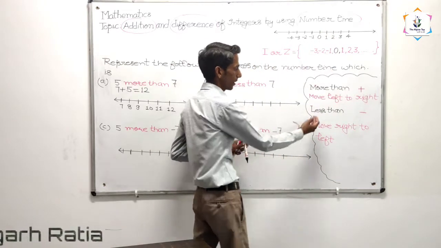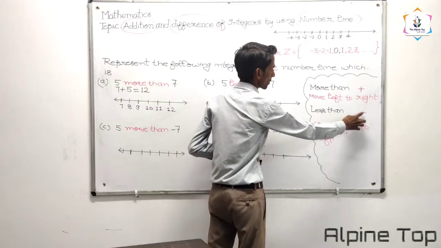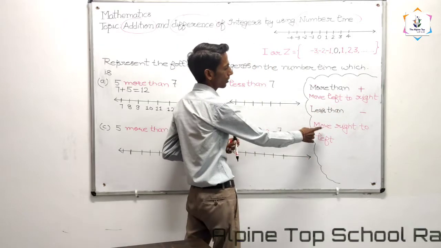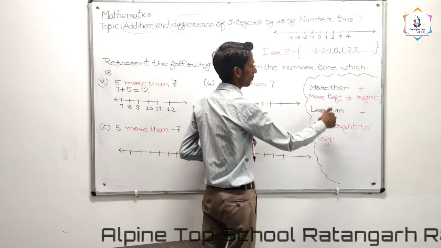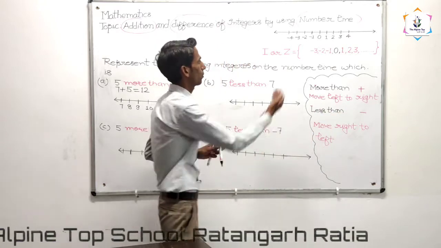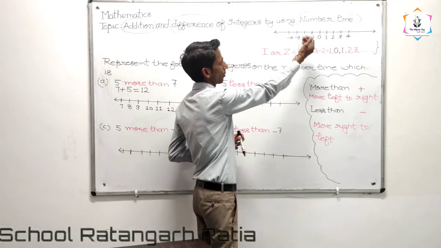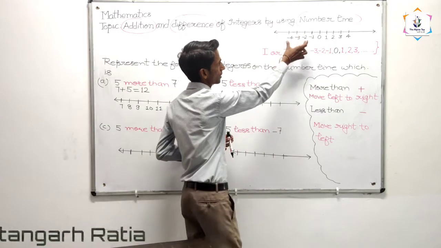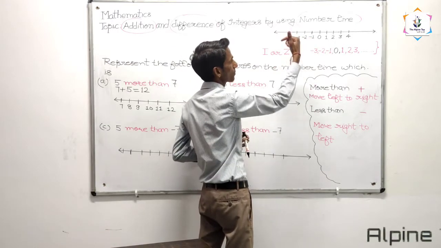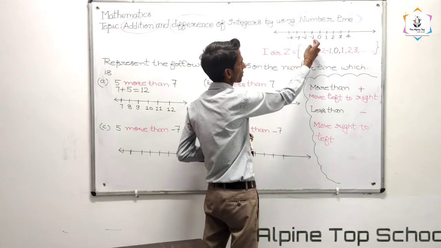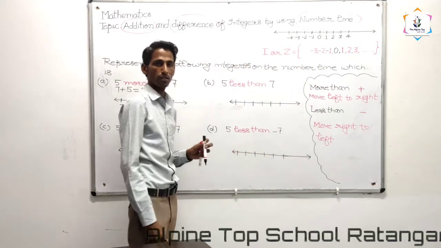But whenever there is the word less than, use the negative symbol, and you have to move from right to left, because according to the number line, all the negative integers lie on the left hand side of 0.